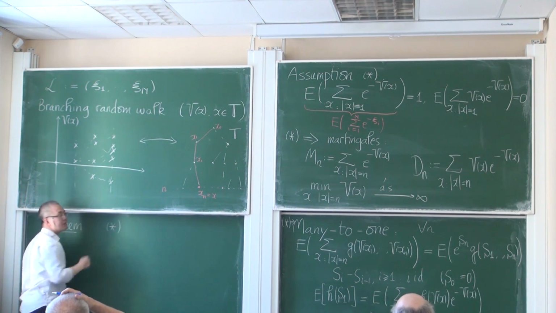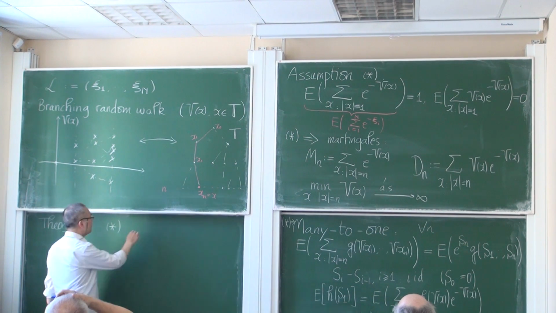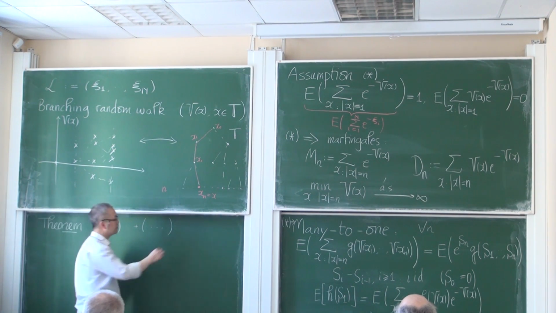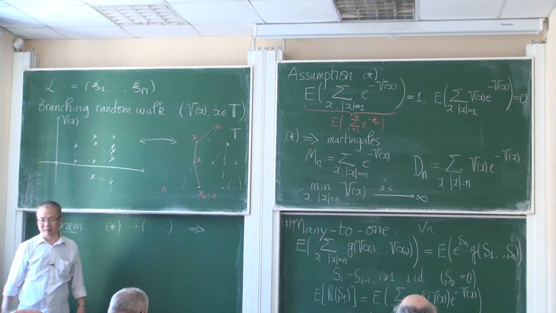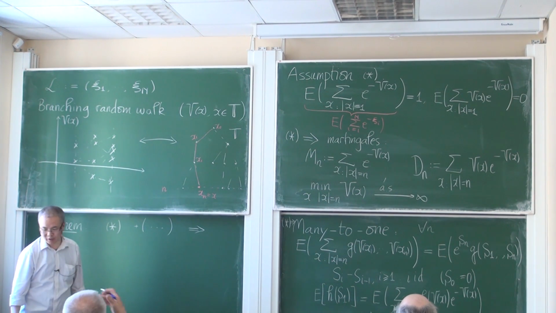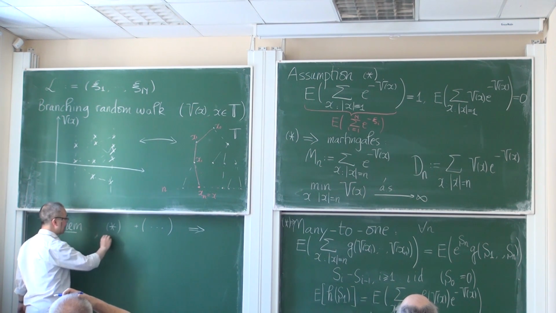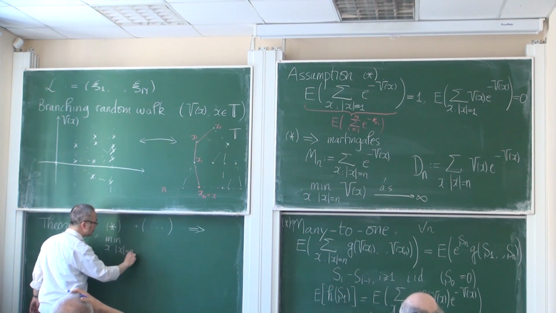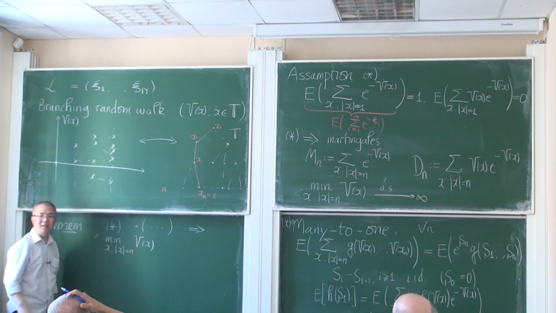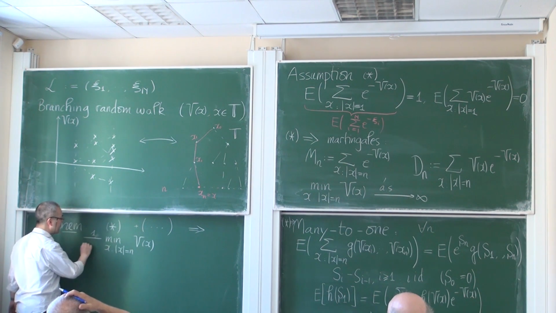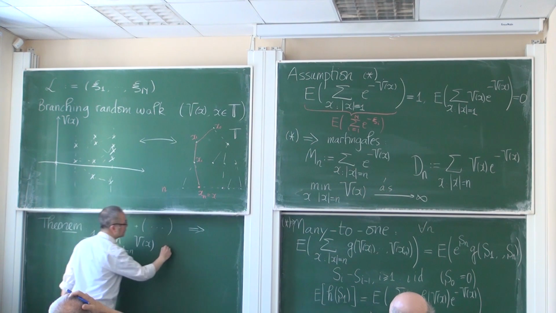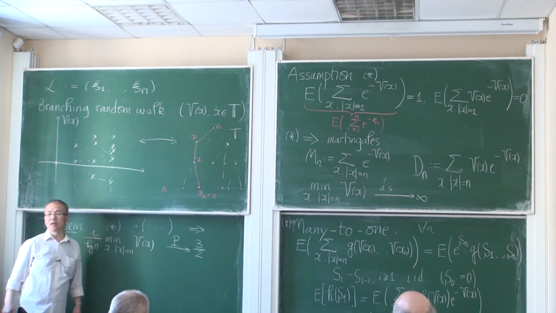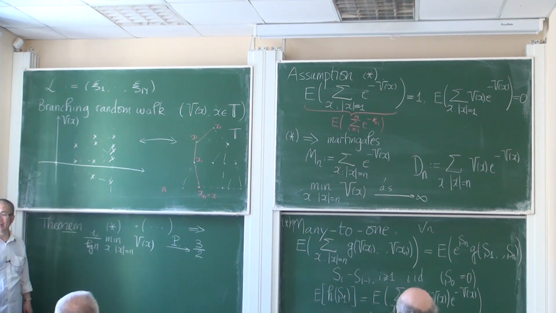So for example, under the assumption star plus some integrability condition, which I really don't want to trouble you with because they are really not very interesting, nobody cares about these integrability conditions, this implies that if I look at the minimum position, we know that the minimum position goes to infinity, but it turns out that we even know how it goes to infinity. Asymptotically, it goes to infinity like 3/2 times log n.